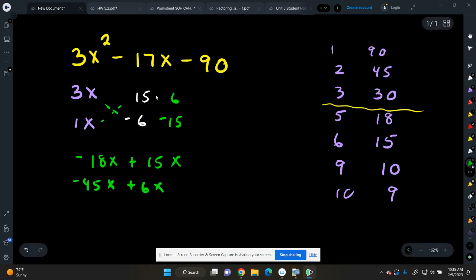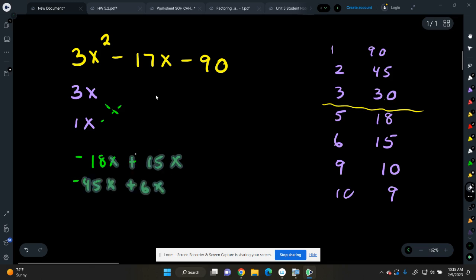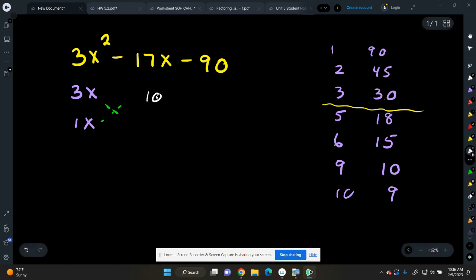Nope, that didn't work. Should we try the 9 and 10? Okay, let's try 9 and 10. And it might be 3 and 30. I don't know. I just have to make a guess somewhere, right? Let's try the 9 and 10. I think 10 and 9 like this is how I want to put it.